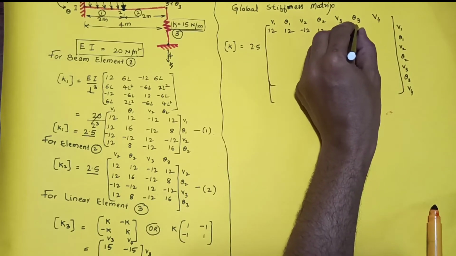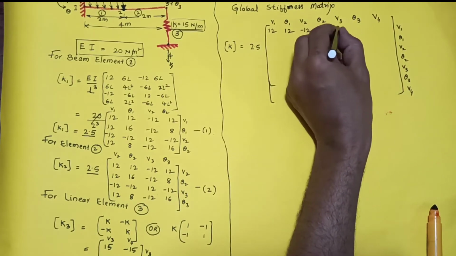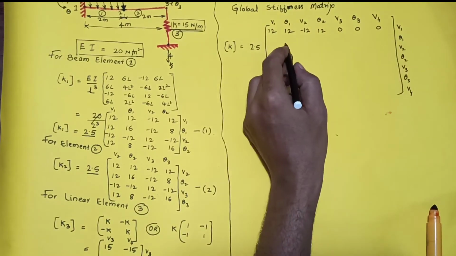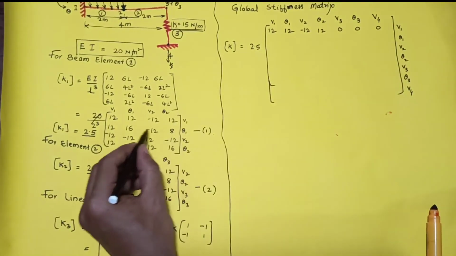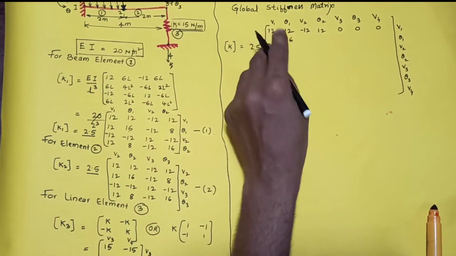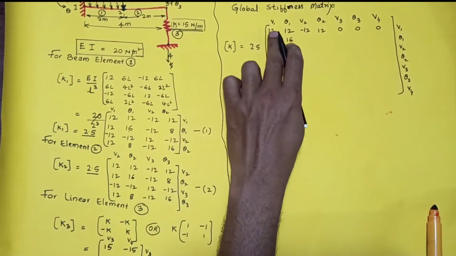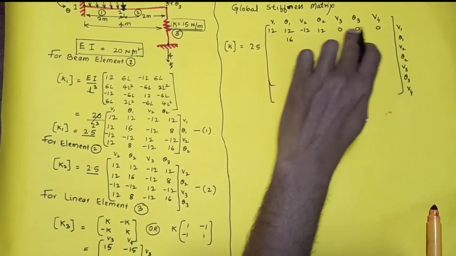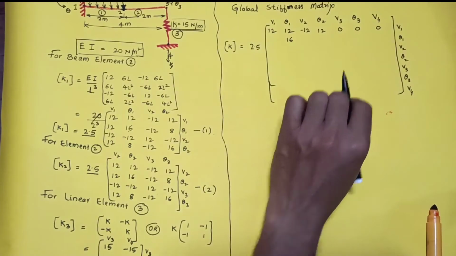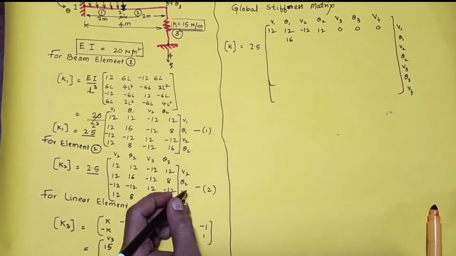Now 1 and 3 have no link, so all these will be 0. Now theta 1 theta 1, you have 16. This is a symmetric matrix, so you can complete only the symmetric values, which reduces your time.